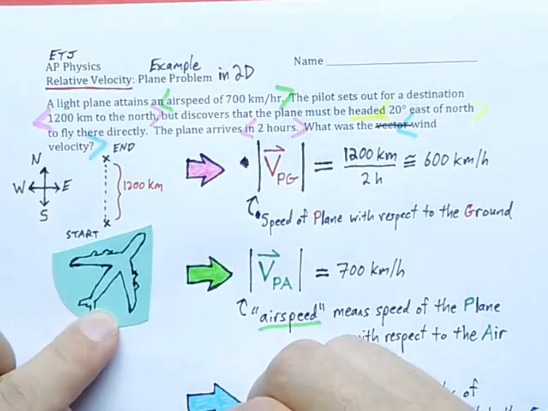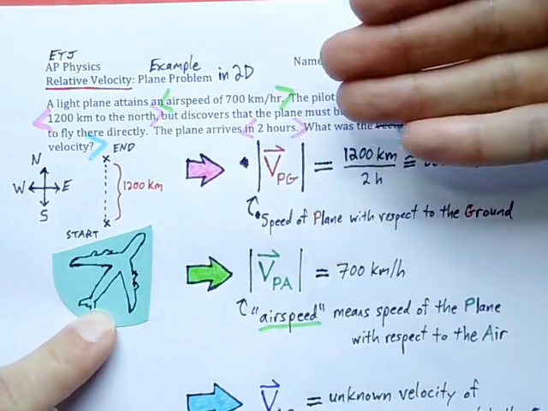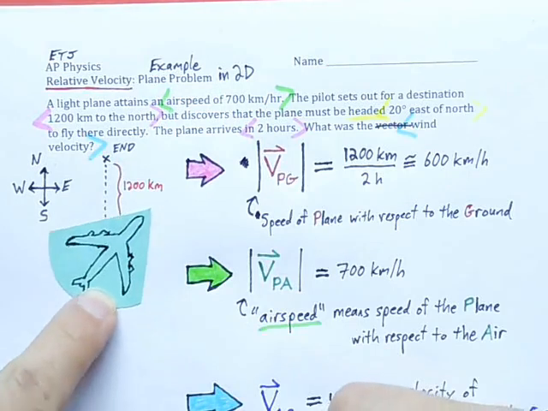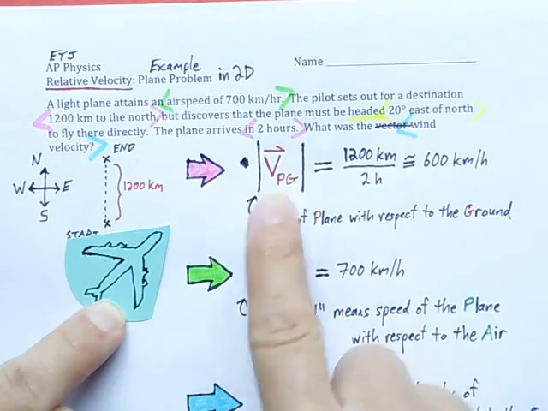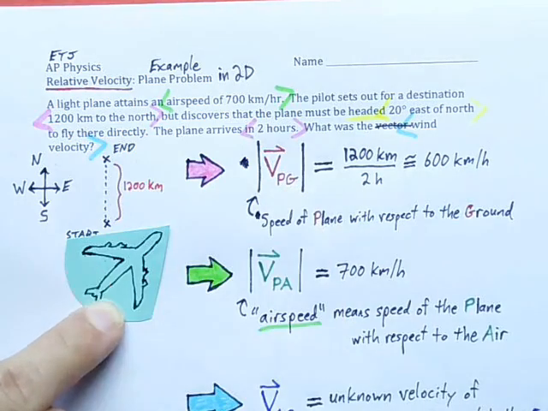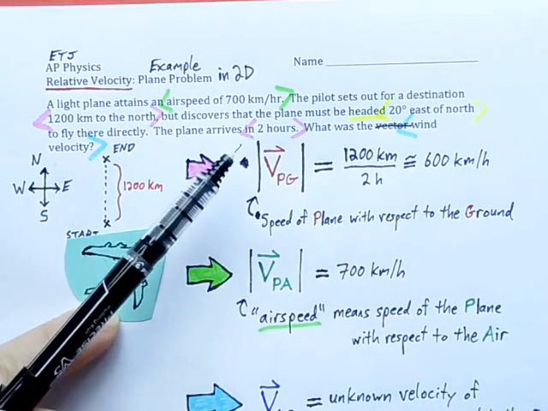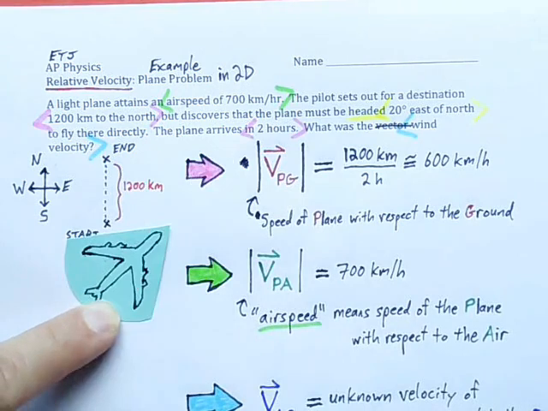So what it's doing here is pointing its nose into the wind to try and counteract the effect of the wind, and ending up moving due north. So VPG, that points due north. That's the direction the plane actually goes. But VPA, that's pointed 20 degrees east of north. That's the heading of the plane, the direction its nose is pointed.